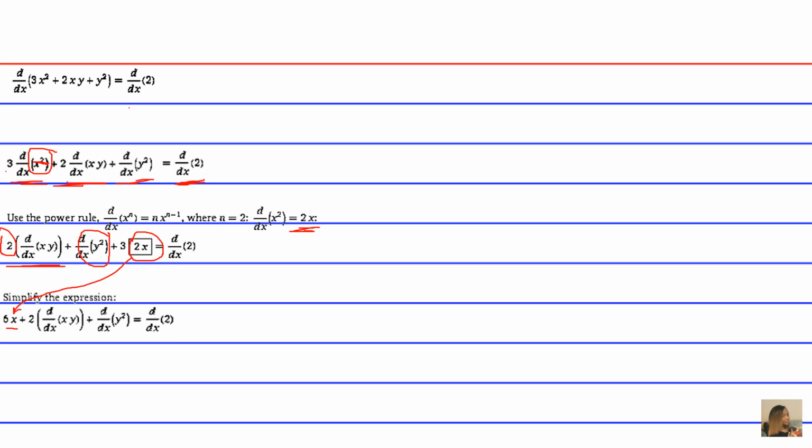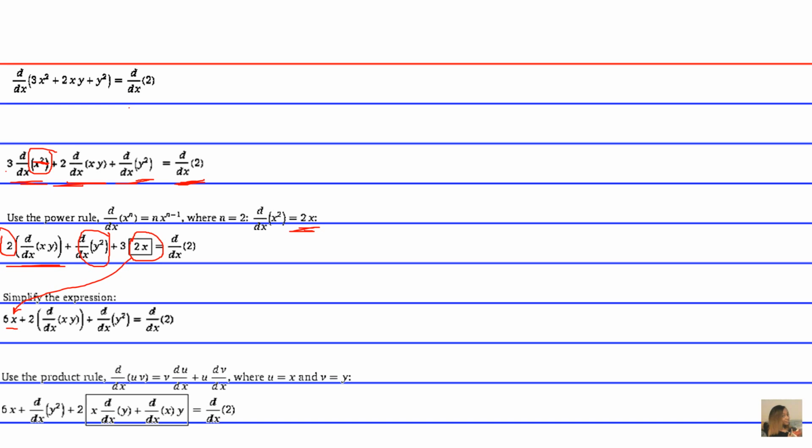Our 3 times the derivative of x squared plus 2 times d/dx of xy plus d/dx of y squared is equivalent to d/dx of 2. Now using the product rule again, d/dx of uv equals v times du/dx plus u times dv/dx. Just take this step by step, okay?